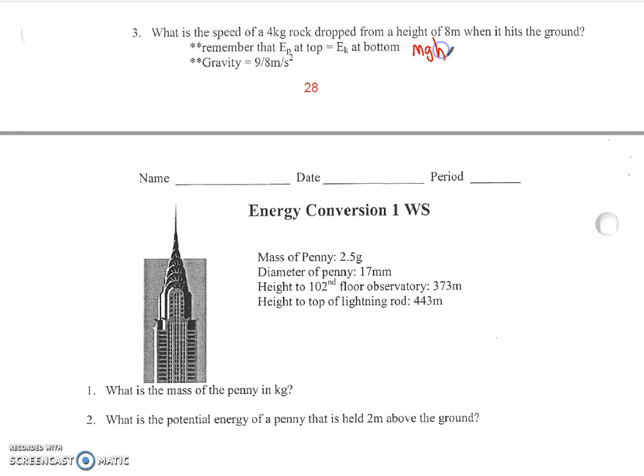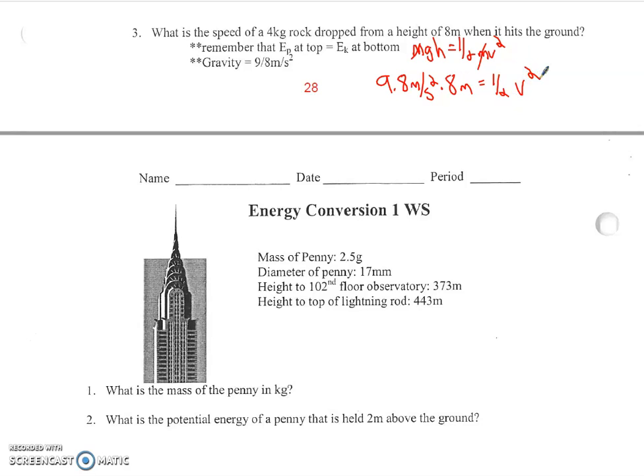So you have mass times gravity times height equals 1/2 mv squared. You can cross out the masses again because they would just cancel out anyway. And what you're going to have is 9.8 meters per second squared times the height, which is 8 meters, and that's going to equal 1/2 v squared.